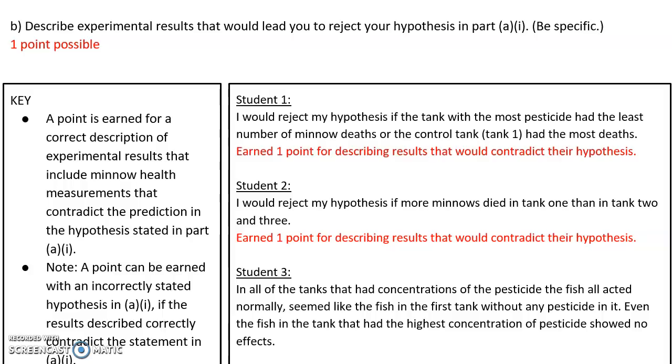And then student 3, they actually earned a point as well for describing the results that would contradict their hypothesis. So also maybe you can see that, at least for me, as I read this, student 1 is a bit more clear than student 3, but yet everyone earned the same point. So clear will be much easier for the reader to grasp. And if your reader can read it easier, there's going to be more of a chance for you to get those points. So that's about all I have for this slide.